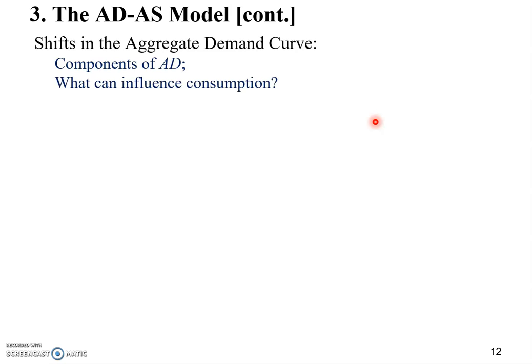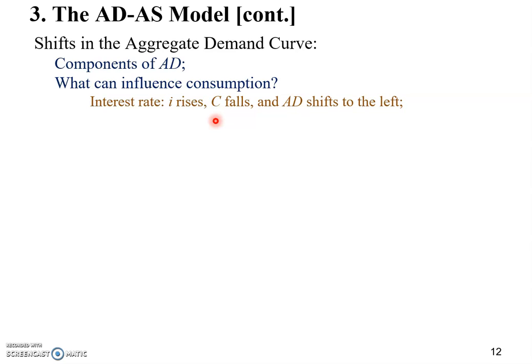The first one is what could potentially influence consumption, or how much we consume. Back in chapter 3, when we talk about consumption function, we said that consumption depends upon 2 things primarily: interest rate and disposable income. Now, if the interest rate is higher, then it's more expensive to finance your consumption, especially the big items.